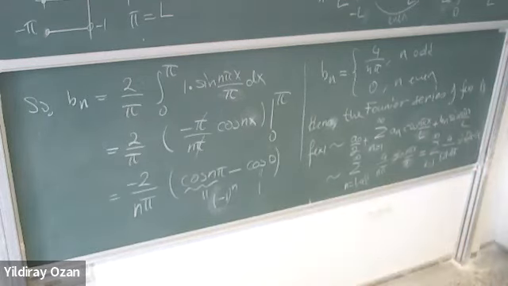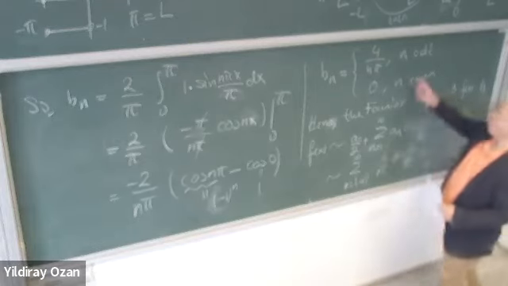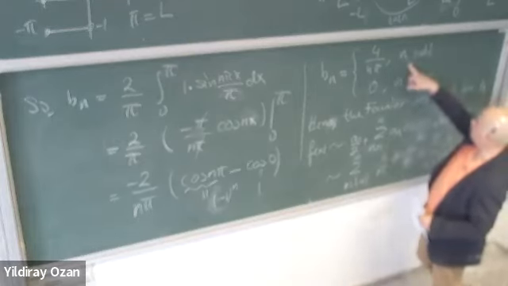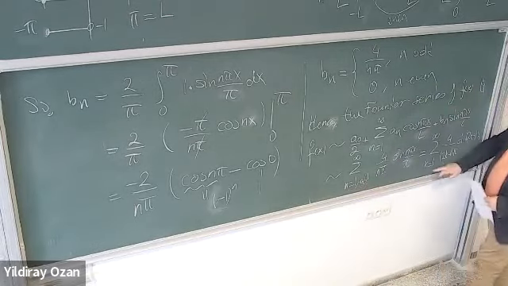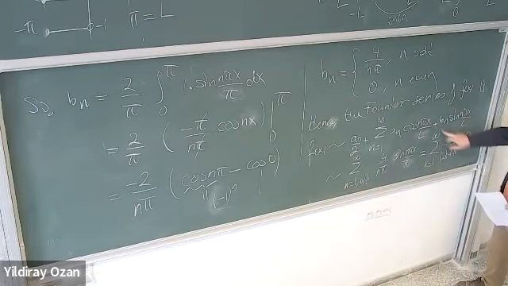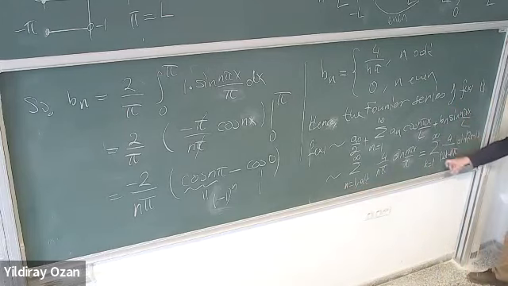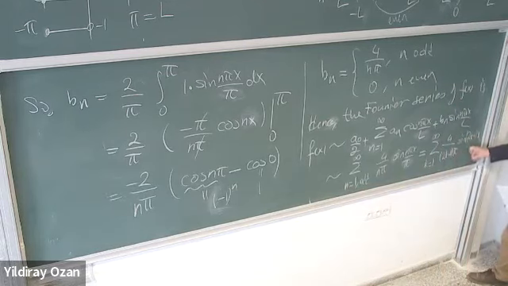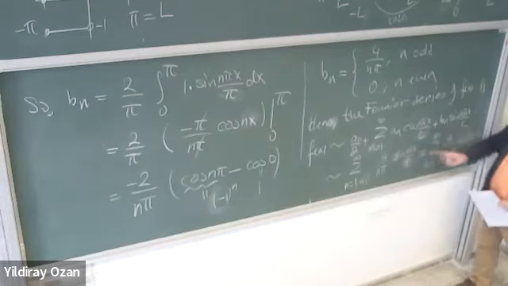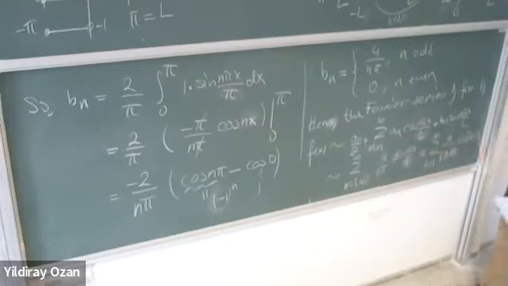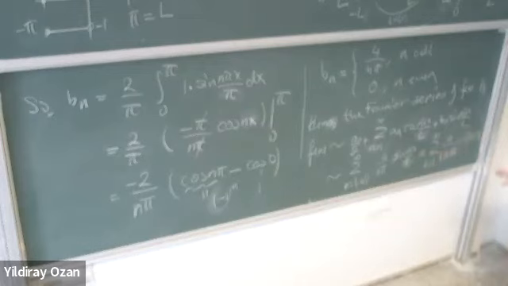Böyle yazabiliriz. Değil mi? Sadece odd. Since I am summing over only odd integers, I can replace n with 2k minus 1, k from 1 to infinity. So 4 over 2k minus 1 times pi times sine n pi x over L. Pi's are gone. N times x, n is just 2k minus 1. So this is the Fourier series of f.